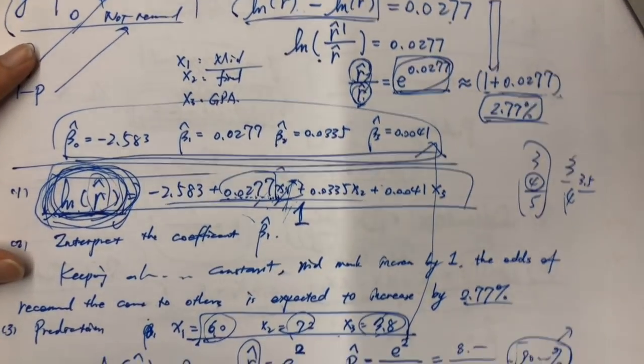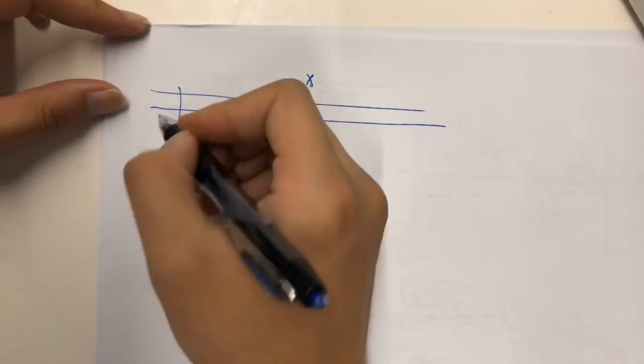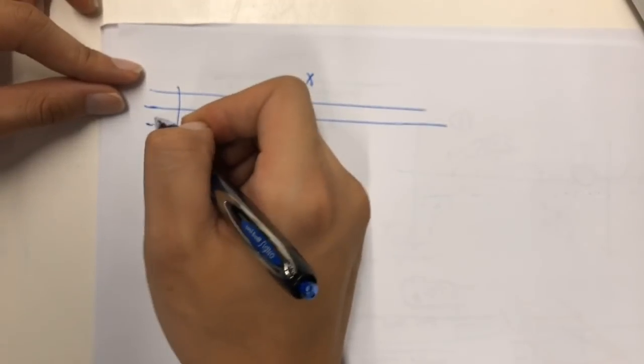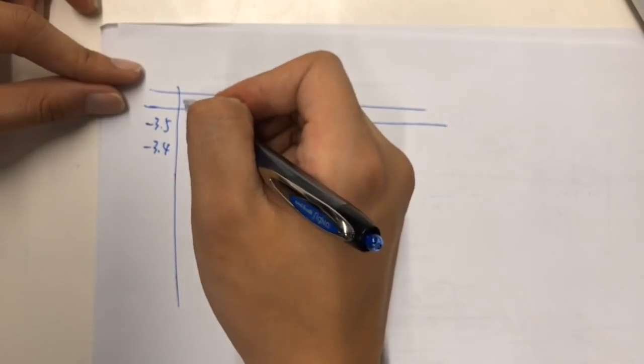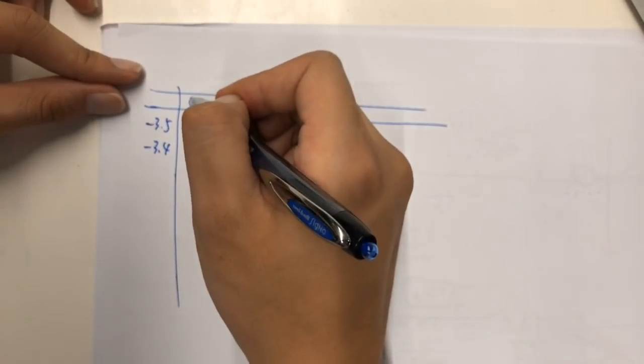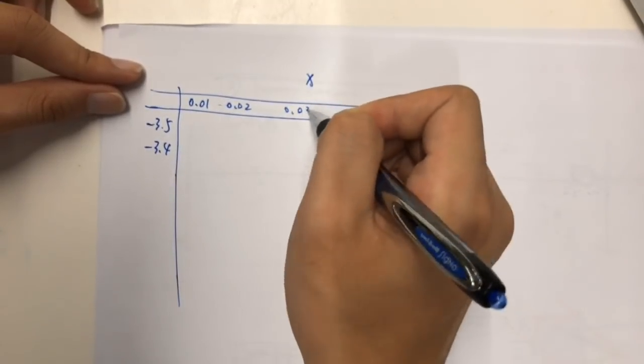Ah, I see. For Z table, the first row gives you the precision. The first column is minus 3.5, minus 3.4, and the first row gives you 0.01, 0.02, 0.03.